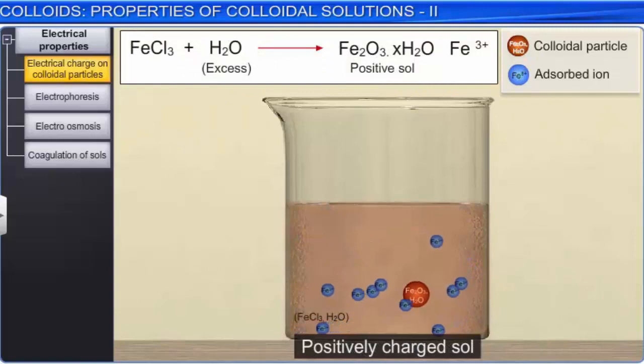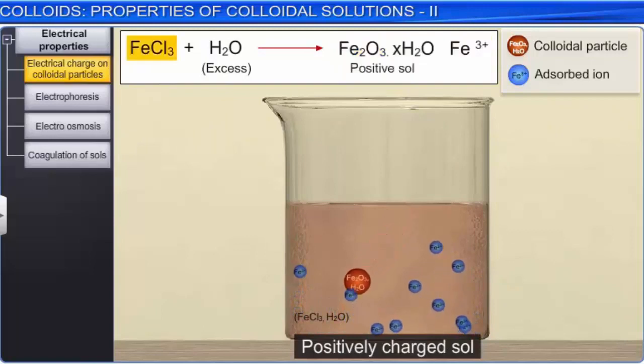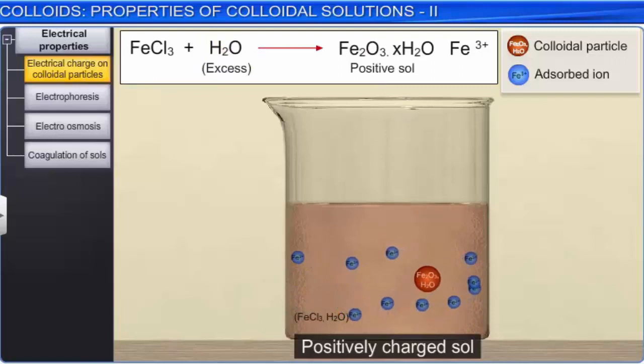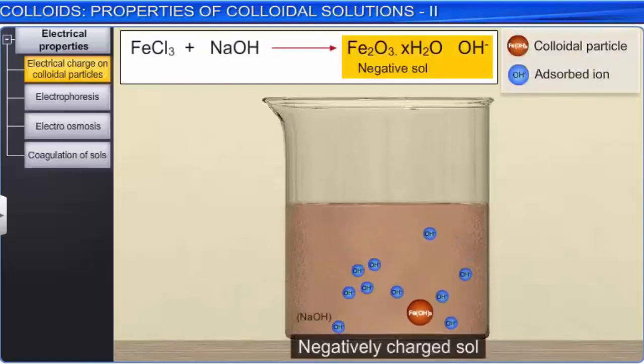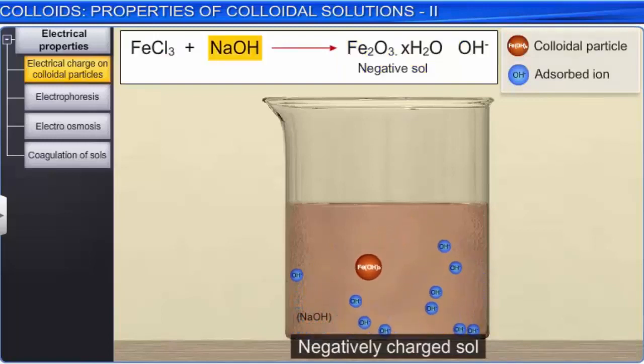Similarly, a positive sol of hydrated ferric oxide is formed if ferric chloride is added to excess of hot water. This is due to the preferential adsorption of ferric ions. However, a negatively charged sol of ferric hydroxide is obtained when ferric chloride is added to sodium hydroxide.